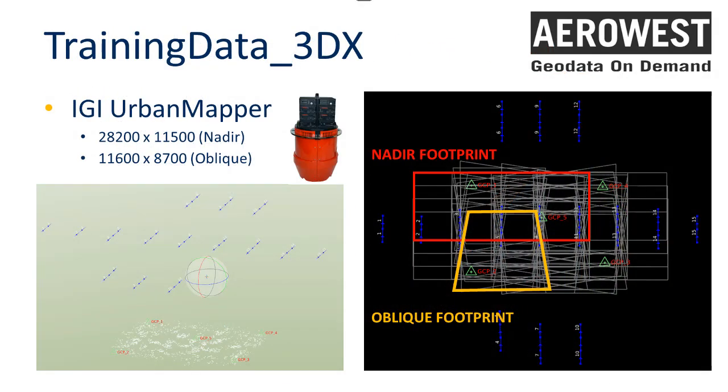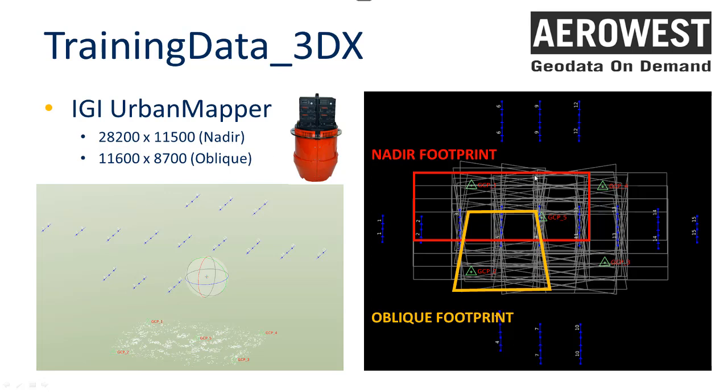In our demo data that we will use today for our processing, we use a dataset from Aerovest, so we want to give thanks to them, and it is flown with an EG Urban Mapper, which is a very large scale long footprint for the nadir part, which has 28,200 pixels times 11,500 for the nadir.